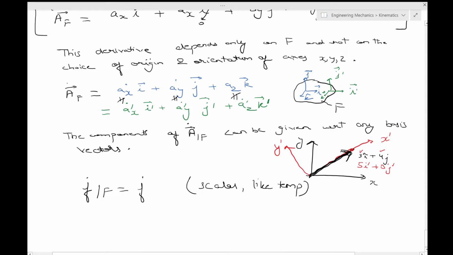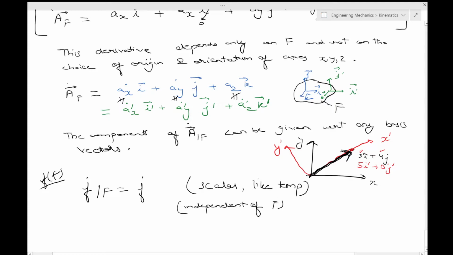So this will be independent of F clearly. For a time dependent scalar function f of t, like temperature, there is no orientation involved, and hence time t is the same for all frames. The derivative of f with respect to any frame is equal to f dot, which is independent of the frame.